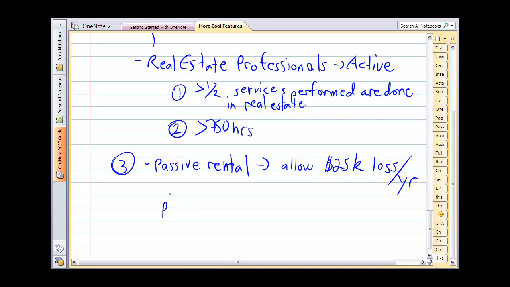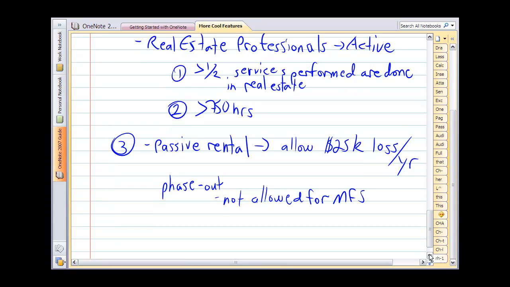This is subject to a phase out. Okay. All right, so if you're married filing separately, it's not allowed. Okay, so that's not really a phase out, but it's just an exception.